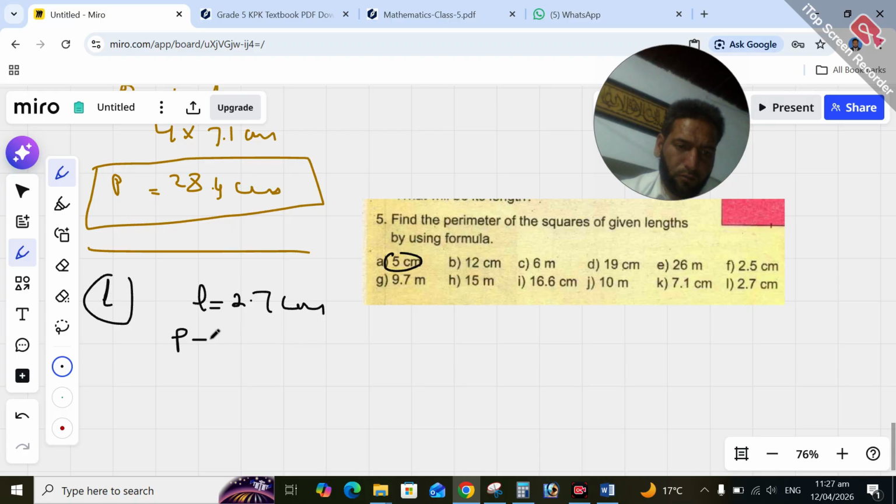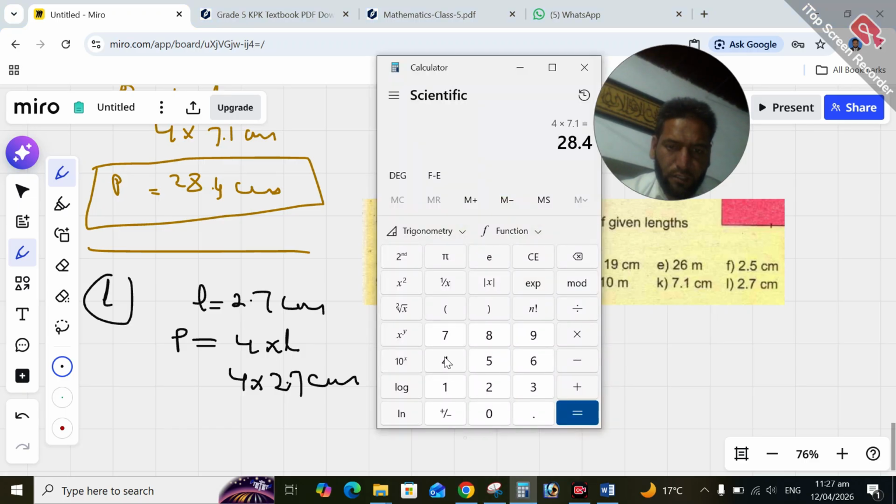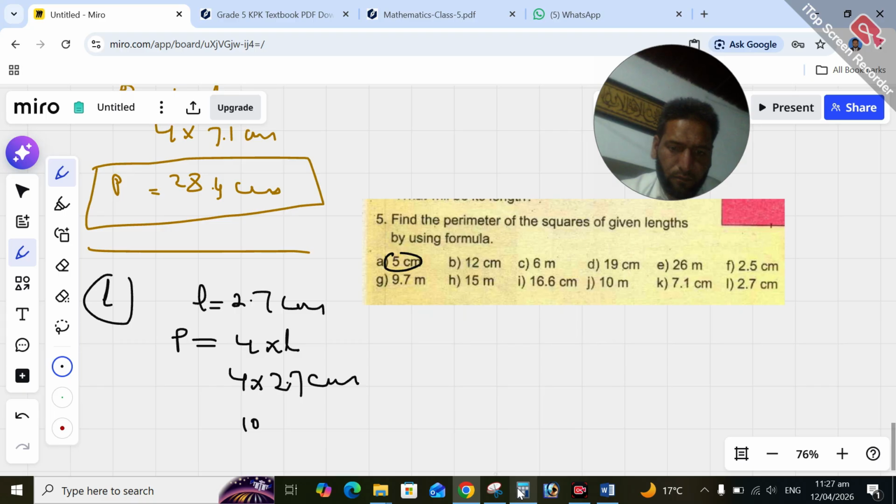Now by the formula of the perimeter, 4 times the length of one side, so 4 multiplied by 2.7 centimeter, and 4 times 2.7 is equal to 10.8 is the required perimeter of the square.